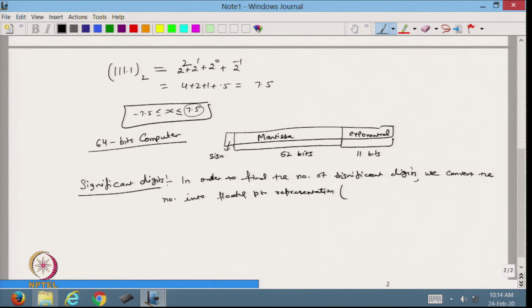Floating point representation means I am taking the normalized form. Then the number of digits that appear in the mantissa part are called the number of significant digits.